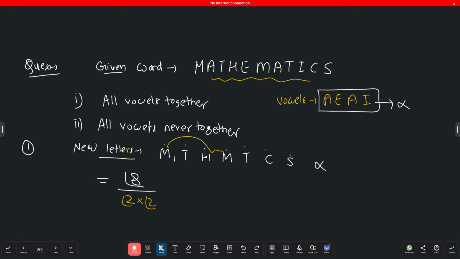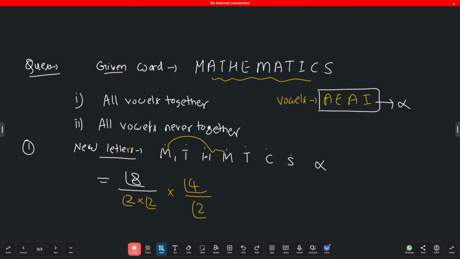Any other repetition? No. Now note alpha: in alpha there are 4 letters, so multiply by 4 factorial, because they will switch their positions in 4 factorial ways. But because not all are distinct, 2 are repeating, it means 4 factorial upon 2 factorial.